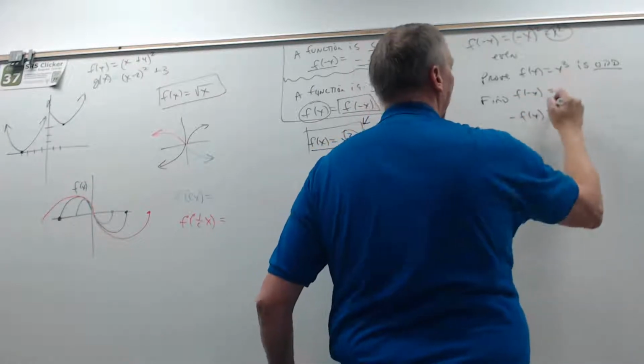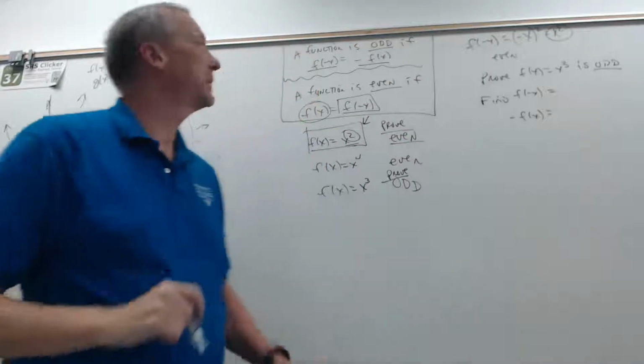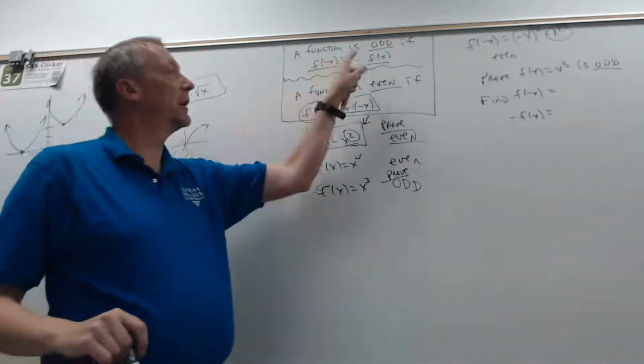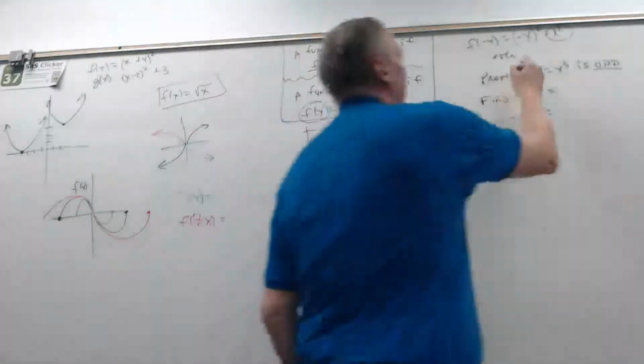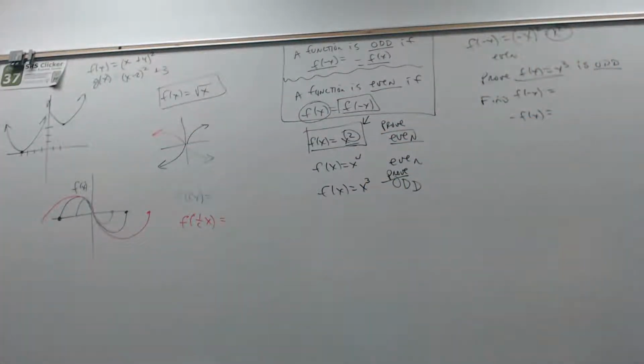Once I complete those, if those equal each other, then it's odd. So what is f of minus x if this is my function? Negative x to the third power. Can I simplify that?